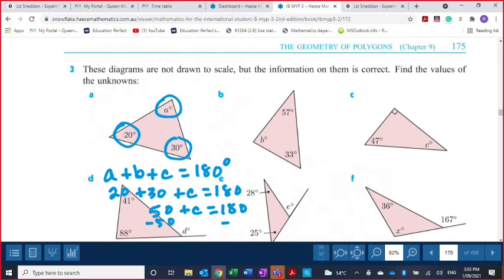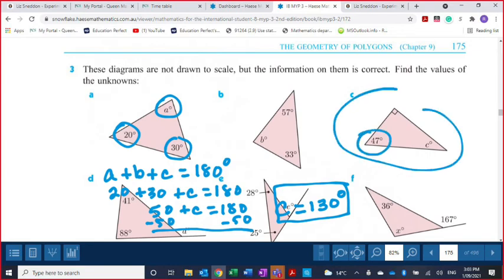And then we can subtract that 50 from both sides, which tells us that c is equal to 130 degrees. Okay? So if they all add up to make 180, add the ones together that you know, and then subtract that from 180 to find the one that you don't know. Look at this one. They give you 47, but that's the only number you have. But in reality, they give you another number as well, because that little square means that that one is 90 degrees, always.